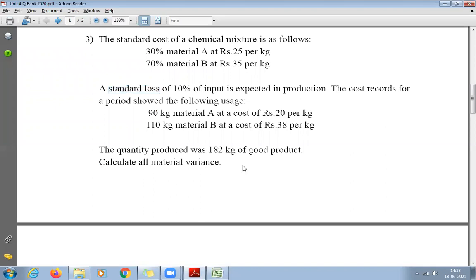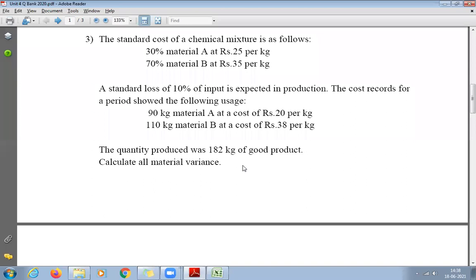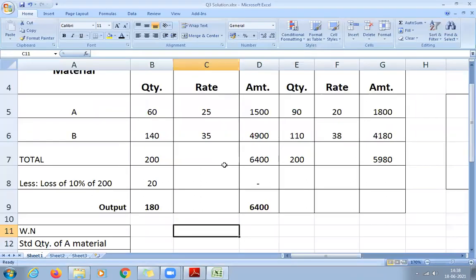But how to calculate now? How much is the actual loss? Anybody? 182 minus 200, and you calculate the percent on that. You're actually coming near to the answer, but not exactly.